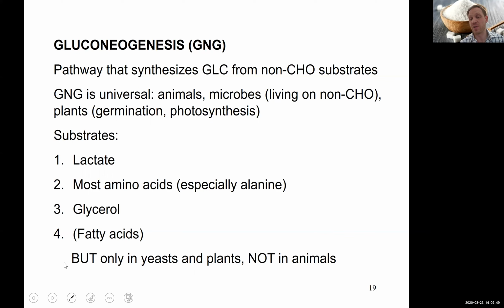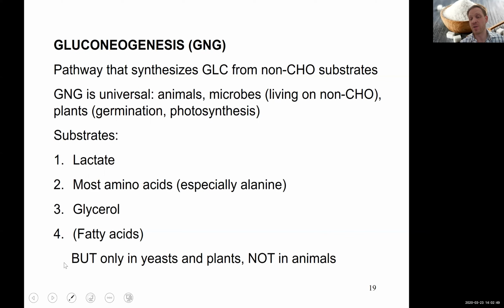So this is where gluconeogenesis, or GNG, comes in. It's our pathway to biosynthesize glucose from non-carbohydrate substrates. And I would argue that GNG is a universal pathway that exists in all organisms. It exists in animals, in us. We are using it.